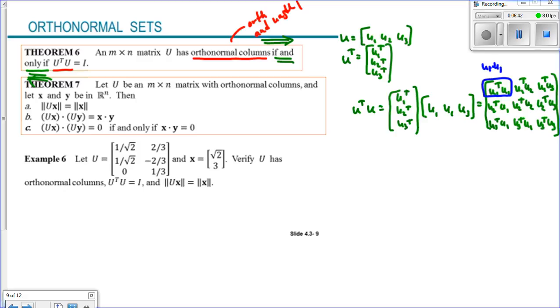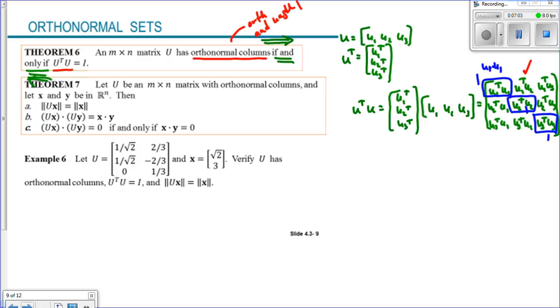Okay, but since the U1 is orthonormal, it has length 1. So this value will be 1. Likewise, this one, since it's the vector dotted with itself, will have length 1, and this one will have length 1. So those are the only ones that actually are dot product with themselves. The others are the dot product.